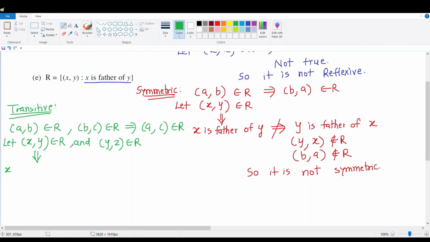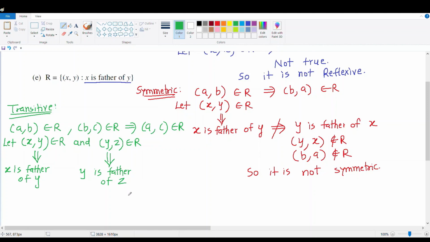So if (X, Y) belongs to R, that means X is father of Y. And if (Y, Z) belongs to R, that means Y is father of Z. Is this possible? Yeah. Let's say Y is the son, X is his father, and (Y, Z) belongs to R says Y is father of Z. So it is possible that X was a grandparent, Y was a dad, and Z was a son of that dad.